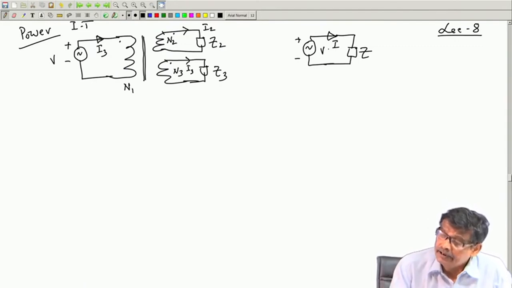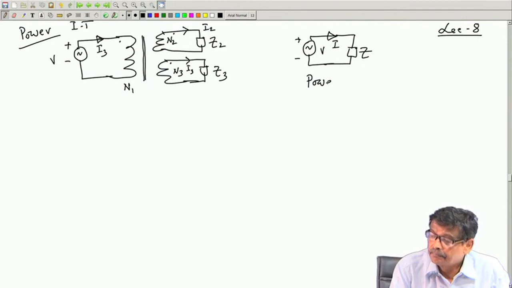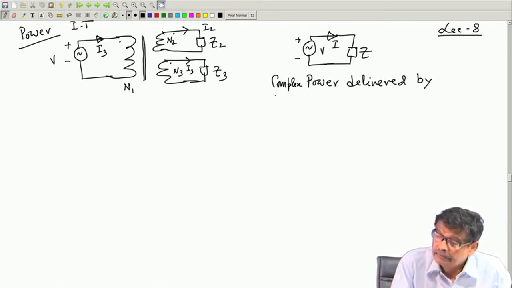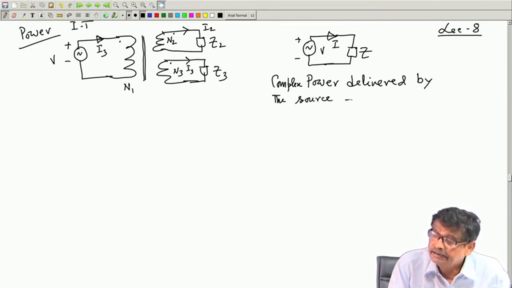Then I will write it like this: the complex power delivered by the source is given by V I star.